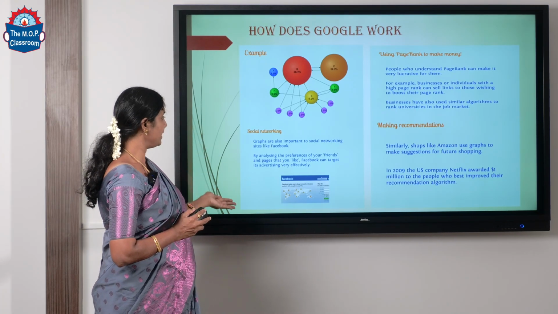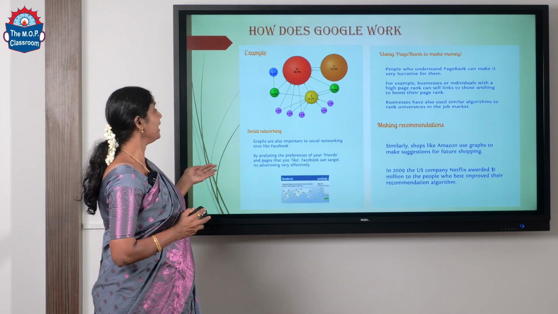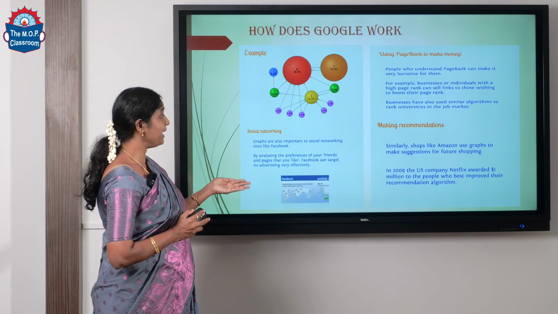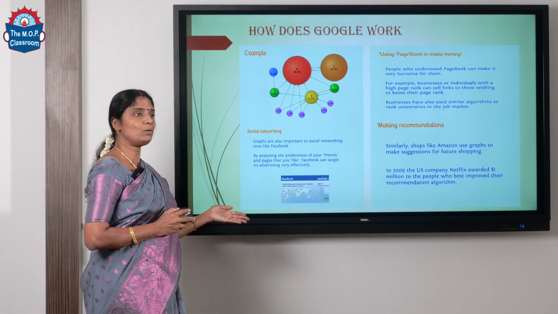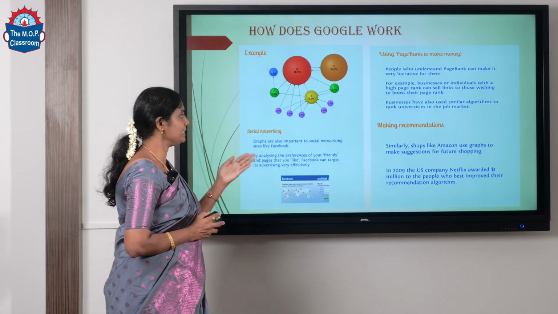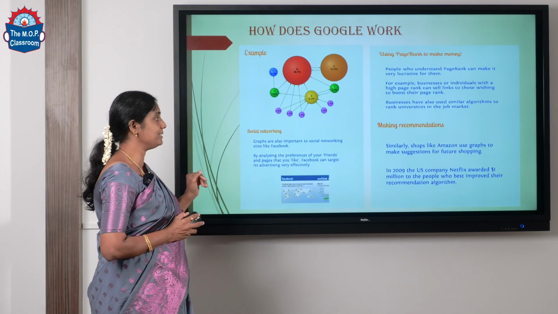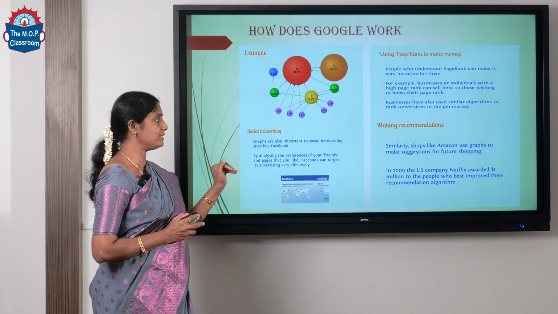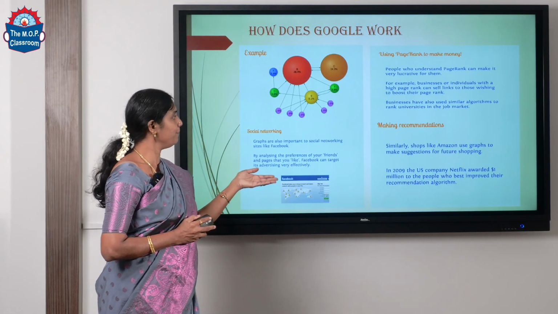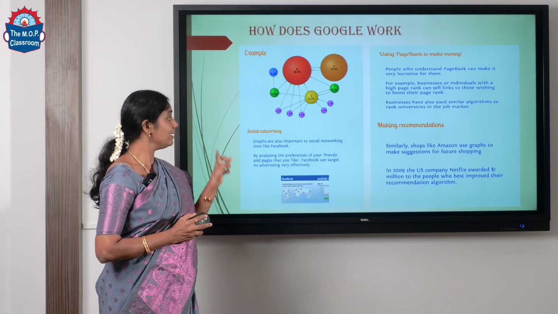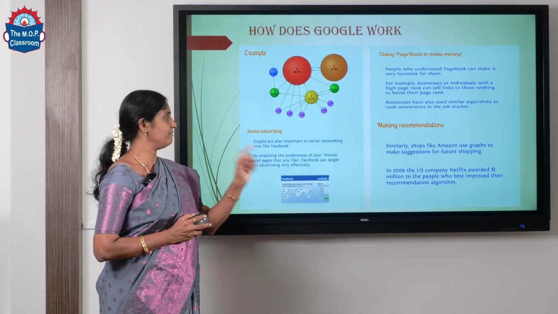In the same way I can use it for any kind of social networking, even for making recommendations. Recommendation plays a vital role in e-commerce. Everyone knows about Amazon, where Amazon always gives preference to suggestions. When we start buying any product on Amazon, immediately it shows us 'buy this product' or a suggestion is given to us.